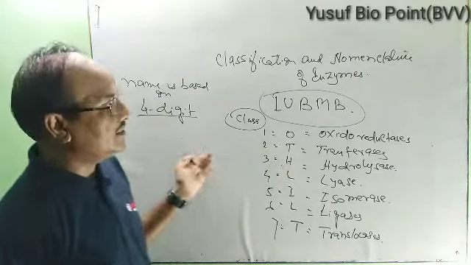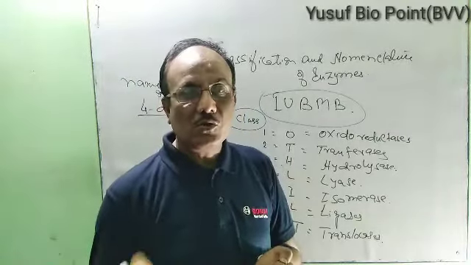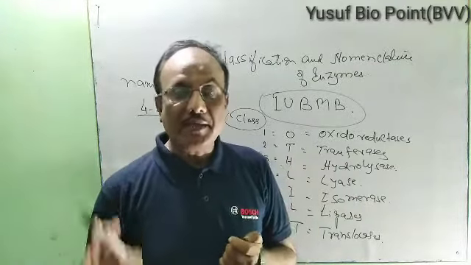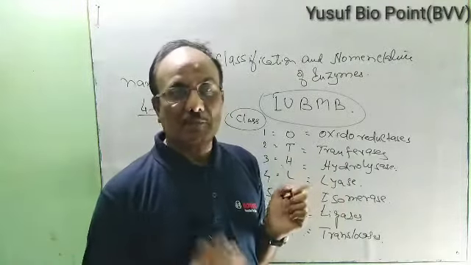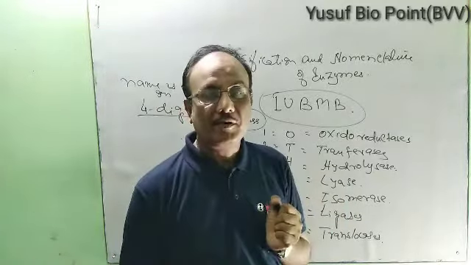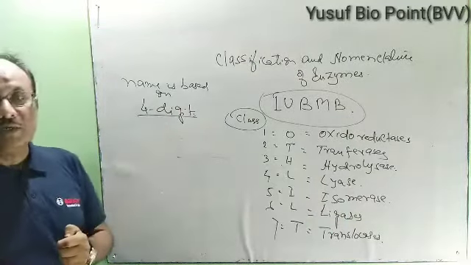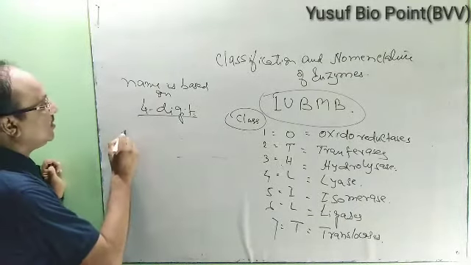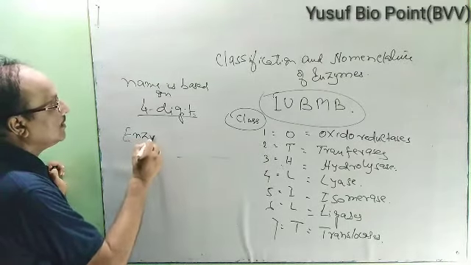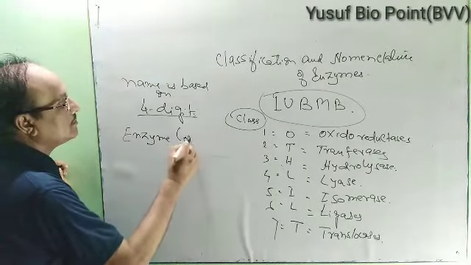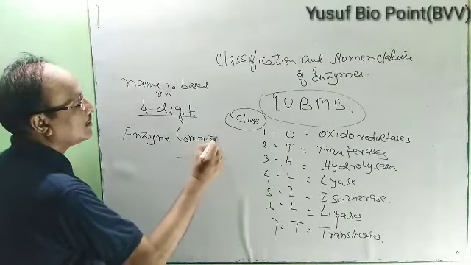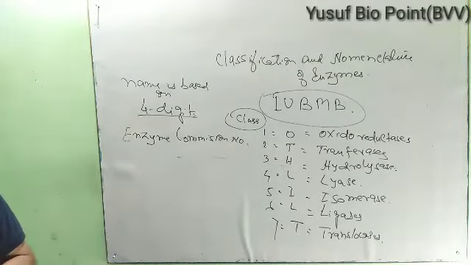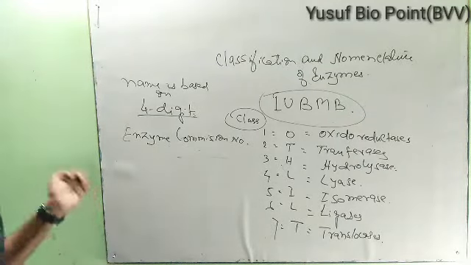By these digits we can classify or give the name of any enzyme. So 4 digits is most important. On that basis the name is given. This 4 digit number is called enzyme commission number.